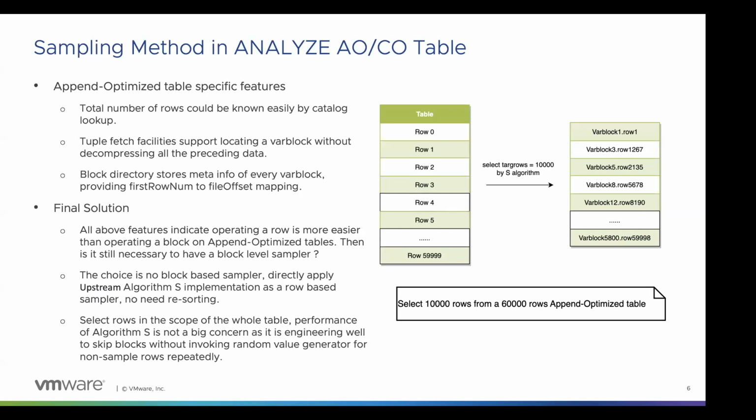So I think maybe it's not necessary to have a block-level sampler. The advantage of having a block-based sampler is that we don't need to scan the whole table. We just scan a part of the table to get the sampling space, so the sampling space is smaller than a full table scan. This is an advantage.